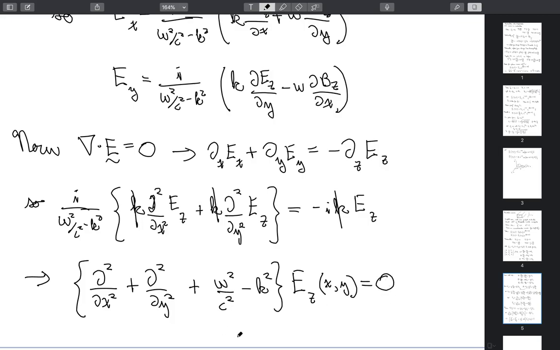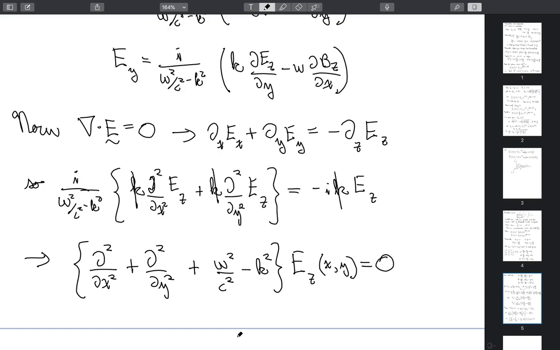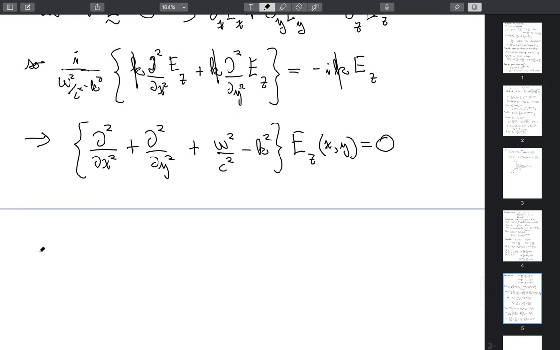So this is the fundamental equation that we have here, and we get actually the same equation for Bz of x and y. This is the fundamental equation that we'll want to solve for our waveguides.